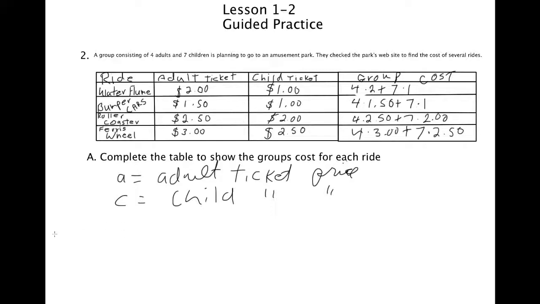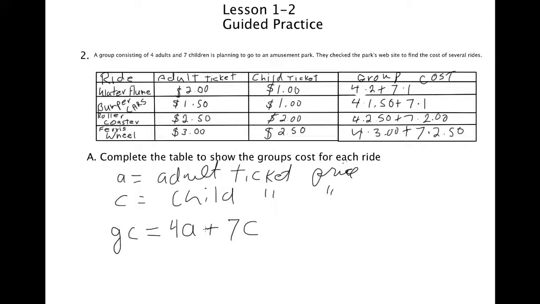So for our unknown ride, we'll say the group cost, GC, is going to equal the adult cost times 4, 4A, plus the child cost, how many children? 7, so 7C.